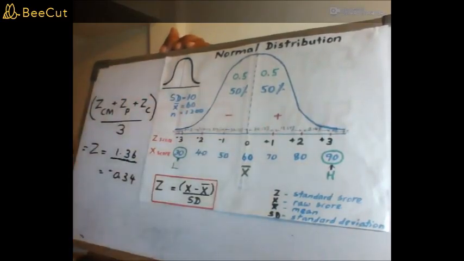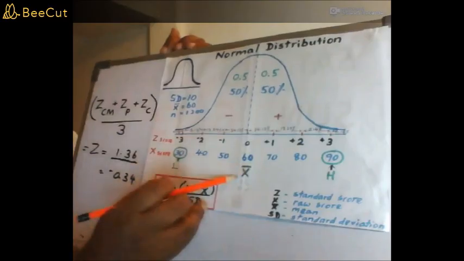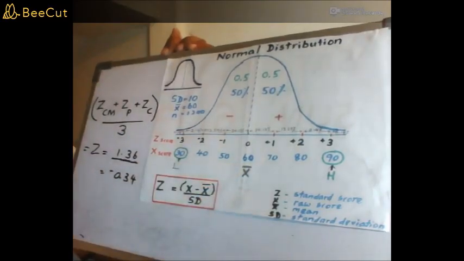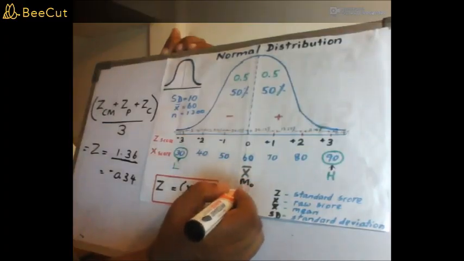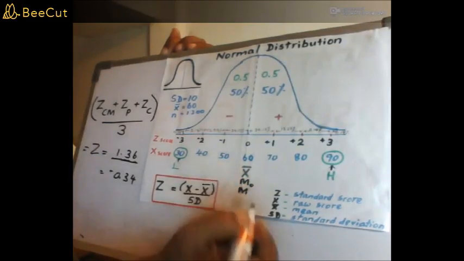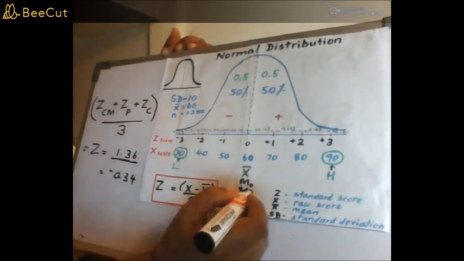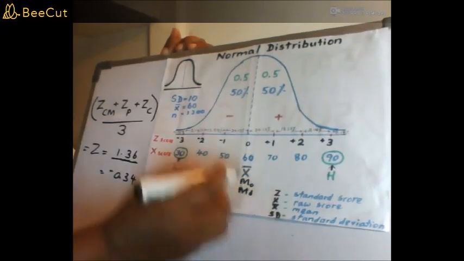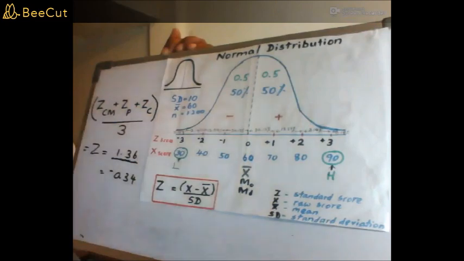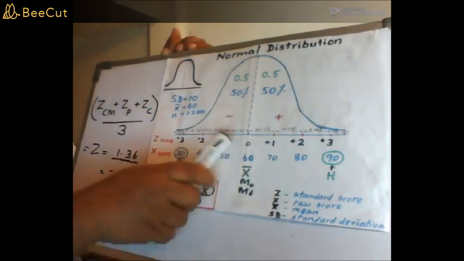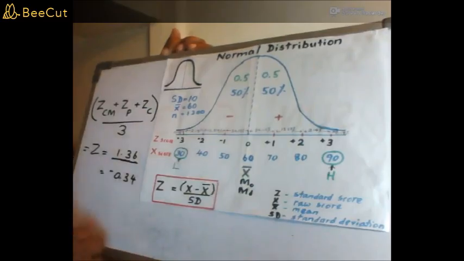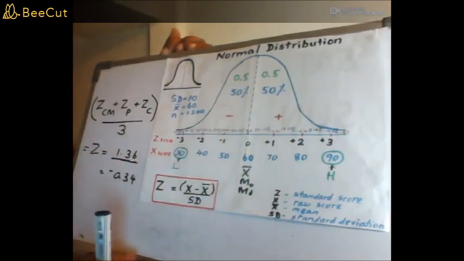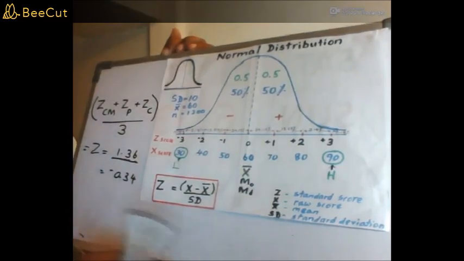Symmetrical form. The third one is the x bar, that means the mean, and also the mode and the median. All three take the same value. That means x bar equals 60, mode equals 60, median equals 60. That is also one assumption.